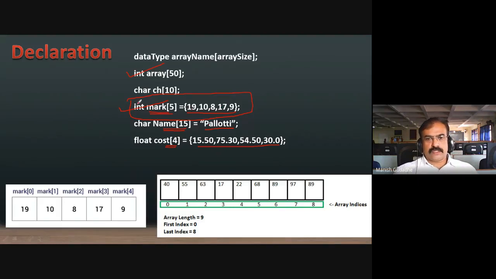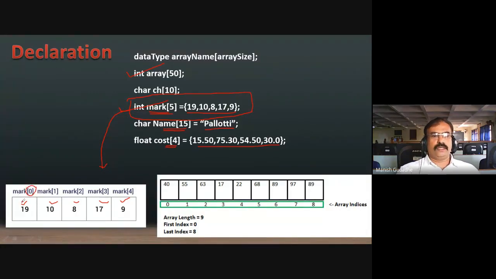So let us detail out this. The detailed figure for mark is presented here. See what is happening here. The first element is stored here. Immediately next will be the second element, then the third, fourth, and fifth element. But observe one very careful thing: this is indexing.